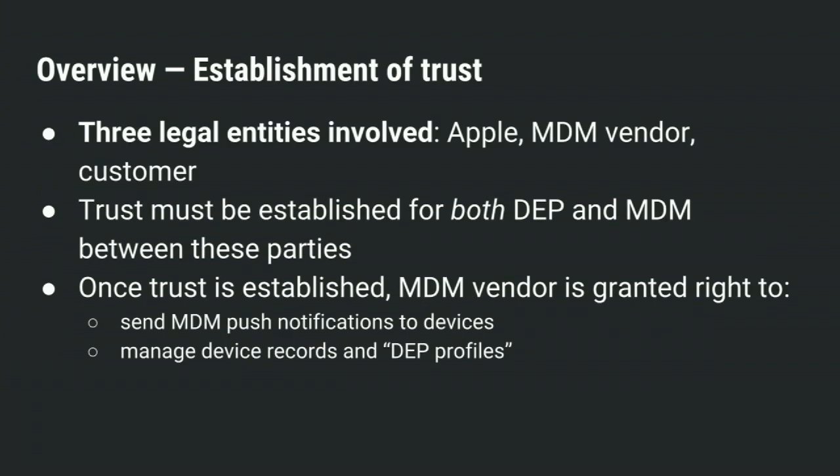All right, establishment of trust between all these things. It's pretty complex and we're not going to go into it in detail here, but we do cover this very extensively in great detail in the white paper. So definitely check that out. And it's just important to call out that there's a lot of cross-signing that goes on, a lot of uploading and downloading of certs in order to get to the point where the MDM vendor now has the right to send MDM push notifications down to the device, as well as sync those device records to the DEP servers with Apple and push those DEP profiles back.